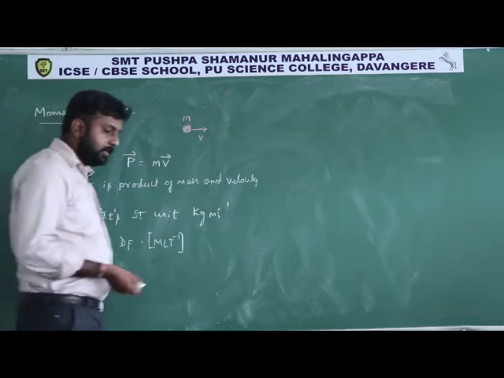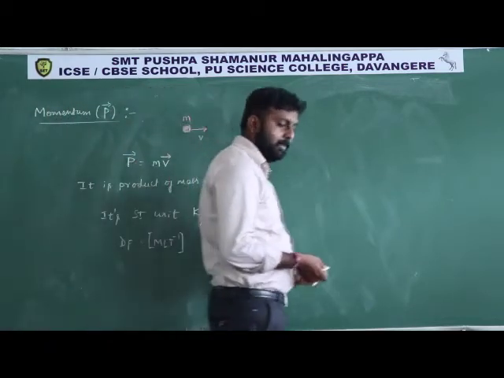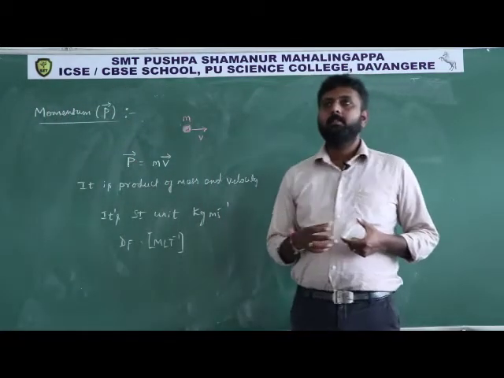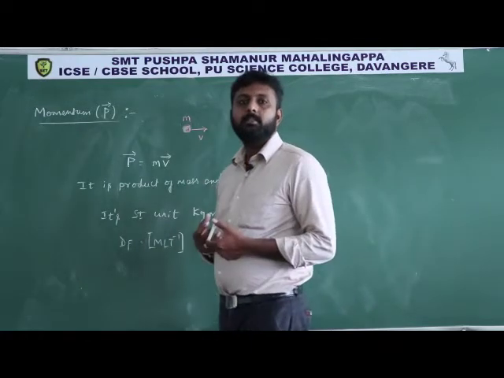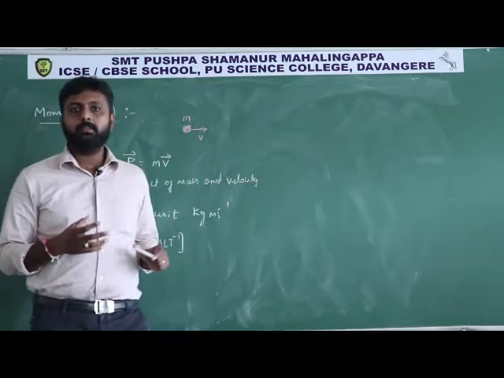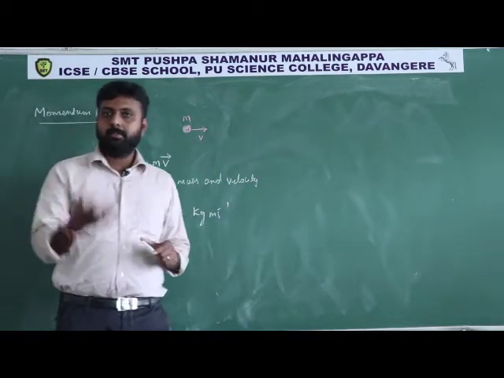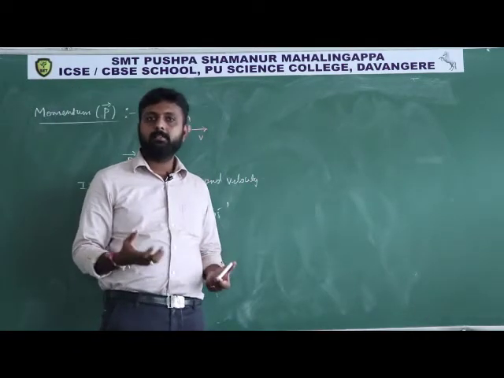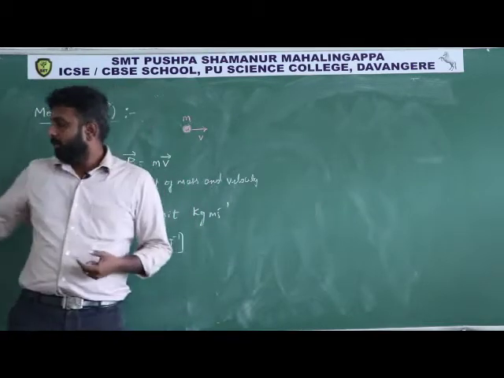How to understand the concept of momentum? It defines the quantity of motion. If any object is moving, it has mass and it has velocity, so it defines a quantity of motion.